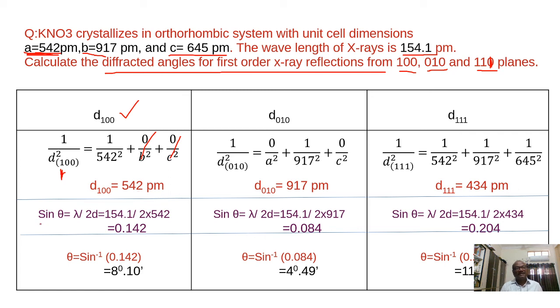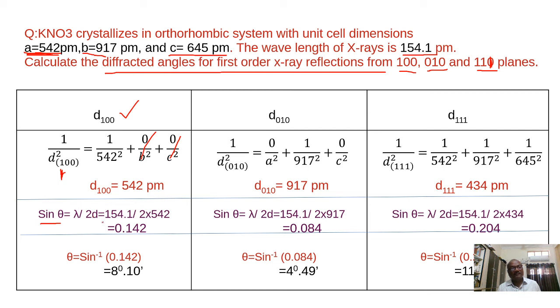Now you have to calculate sin theta. What is sin theta? Lambda by 2D, from Bragg's equation. Because n is equal to 1, 2D sin theta is equal to n lambda, so sin theta becomes equal to lambda by 2D.